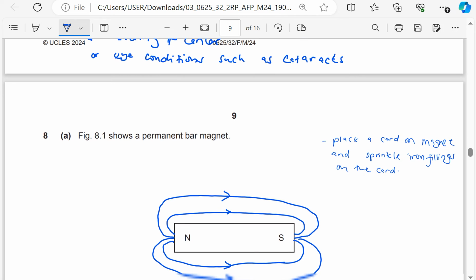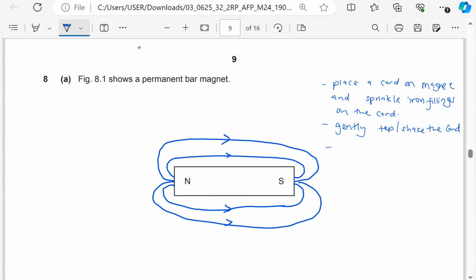The next thing, you gently tap or shake the card.